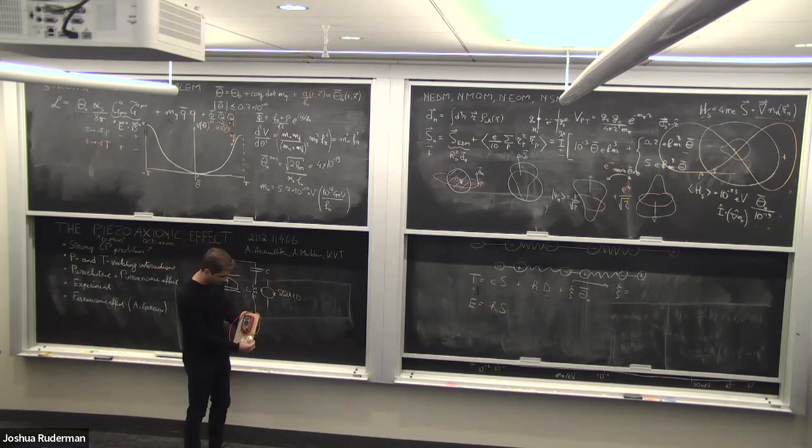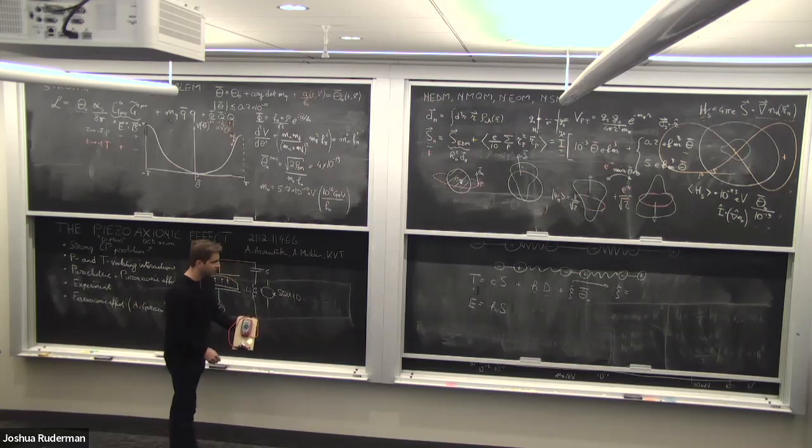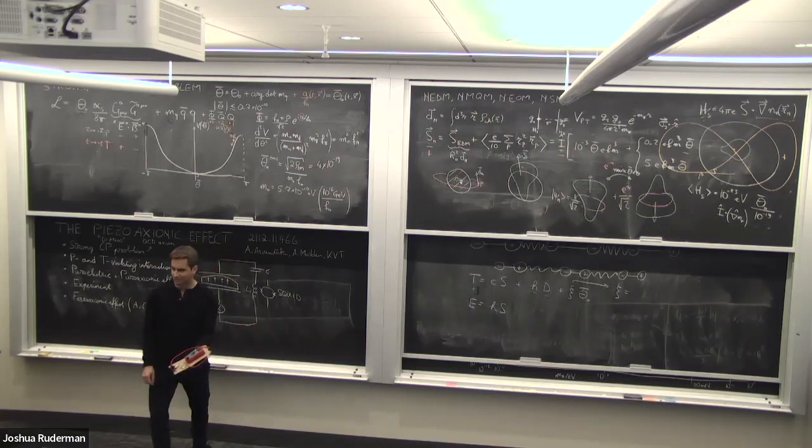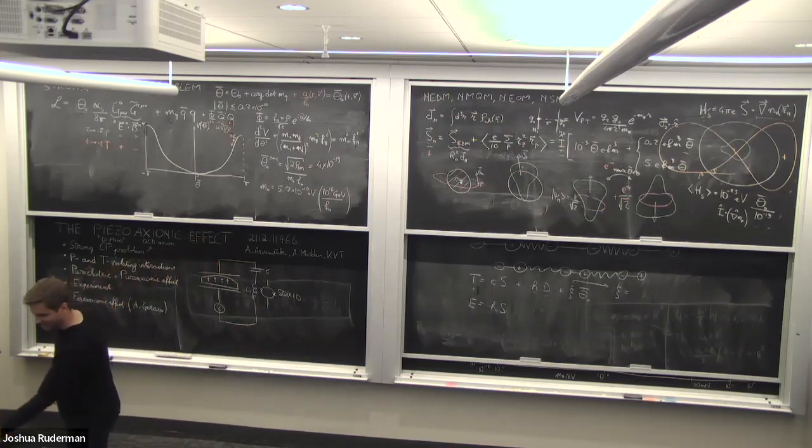If I press on here, I can generate, well, I shorted it, so I can generate 20 volts or so. So that's 13 volts. You can try it out for yourself. Anyway, it violates parity.